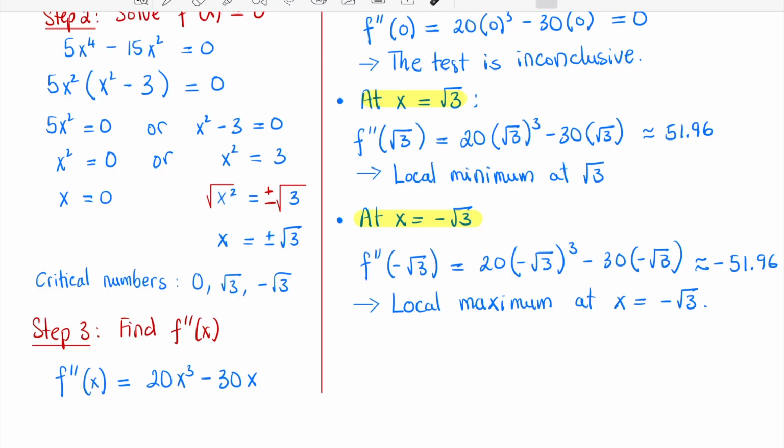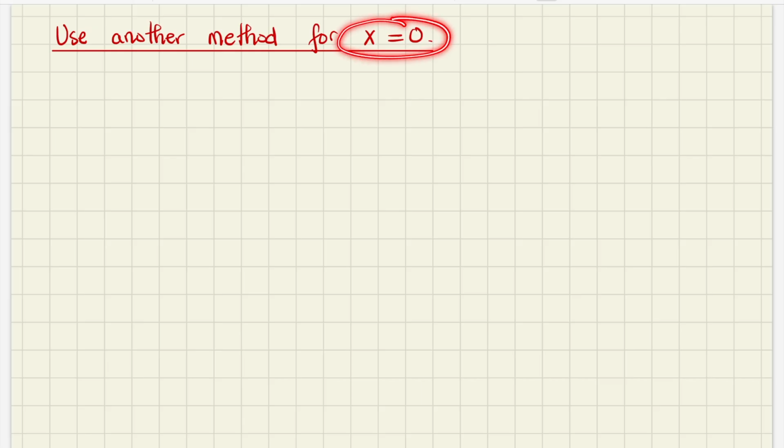So when you use the second derivative test and it's inconclusive, we have to use another method. So let's continue using another method for x equals 0. Since the second derivative test is inconclusive at x equals 0, we will use the first derivative test to determine what happens at this point.